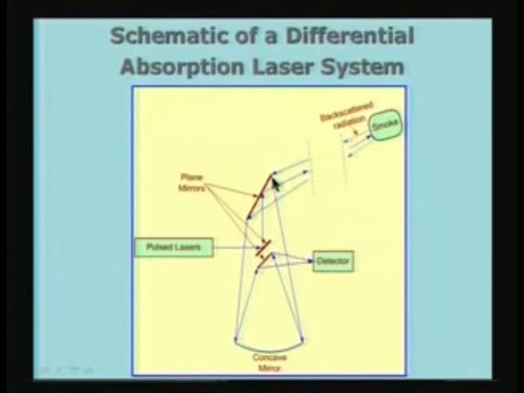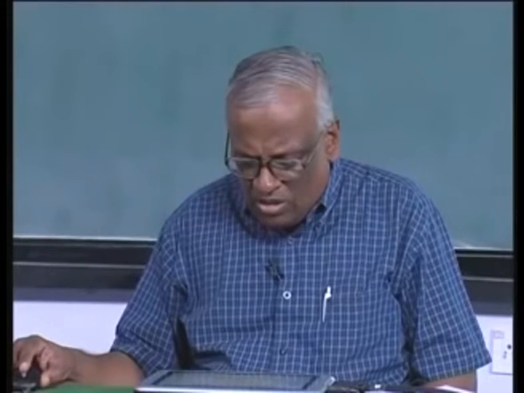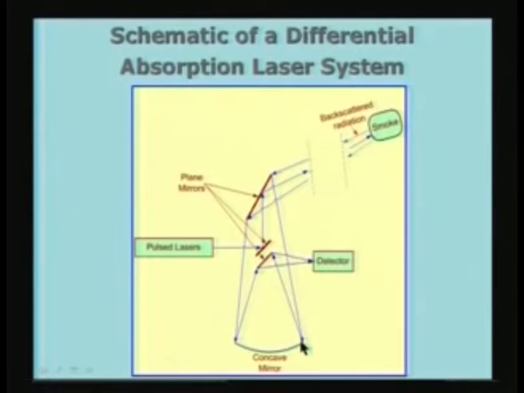Therefore, in order to get a sizable signal, I have to gather the radiation over a large area. Therefore, I have a large concave mirror to concentrate all the radiation onto the detector.